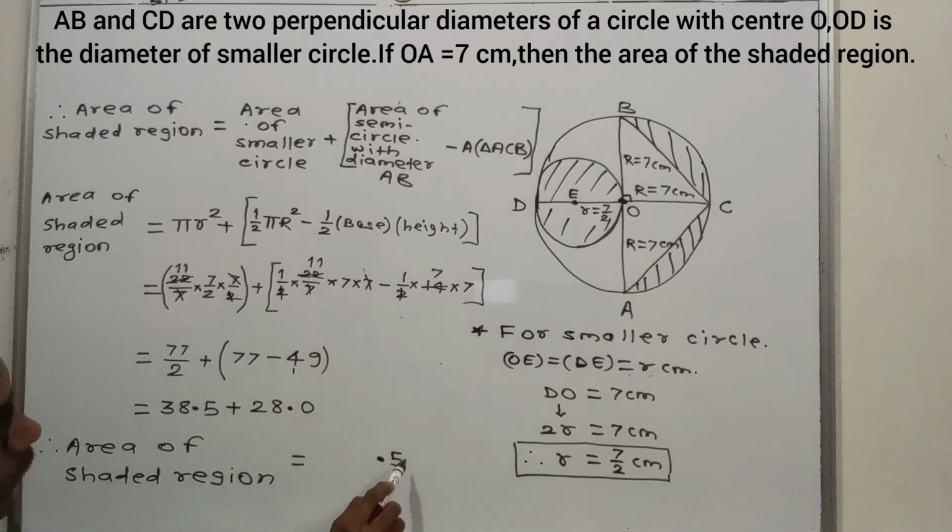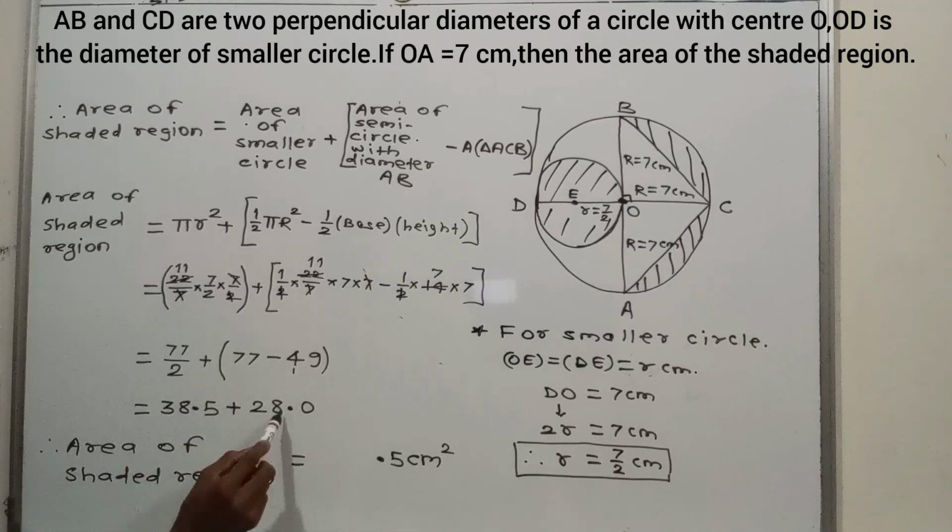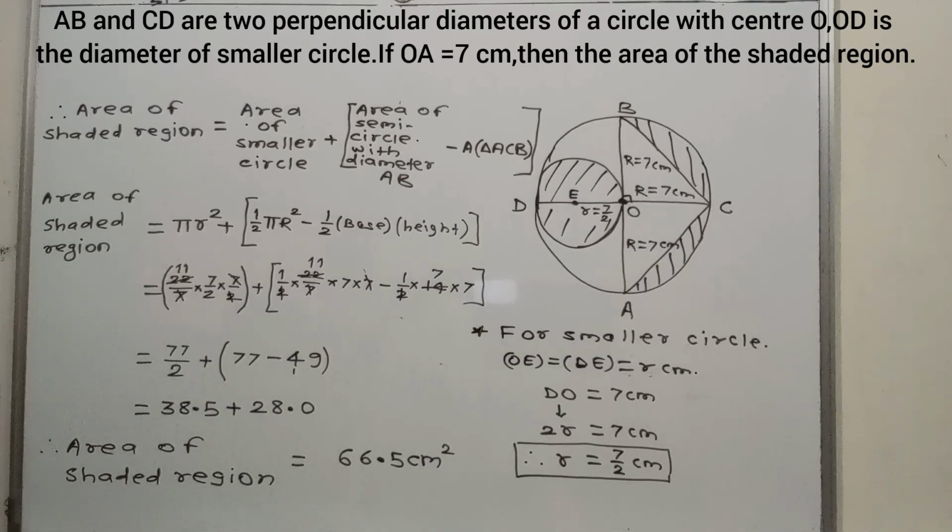Everything is in centimeters, so we write centimeter squared. 5 plus 0, then the decimal point. 8 plus 8, 16, carry 1, then 6. Did you get it? This is our answer: 66.5 centimeter squared.